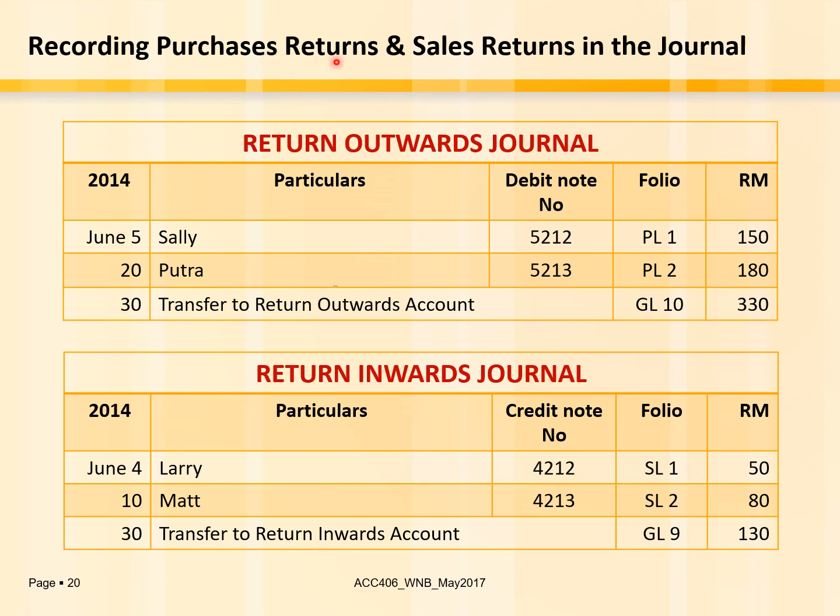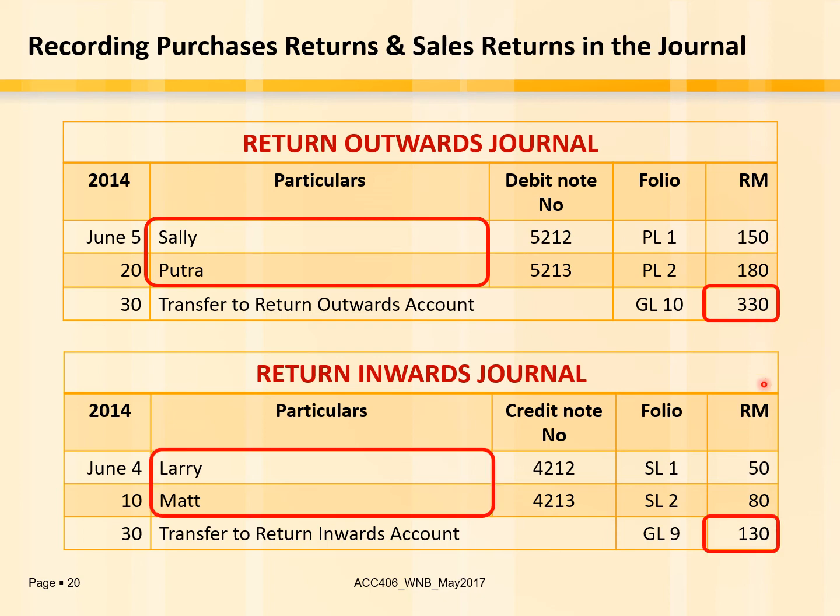This one will be the recording of sales and purchases returns journal. So, this is written outwards. So, Sally dengan Putra, kita pulangkan balik kepada dia sebanyak 330 lah total. Dan untuk Larry dan Matt, dia pulangkan kat kita.